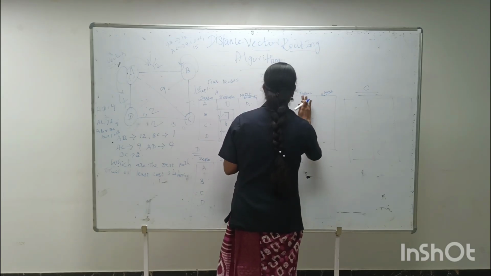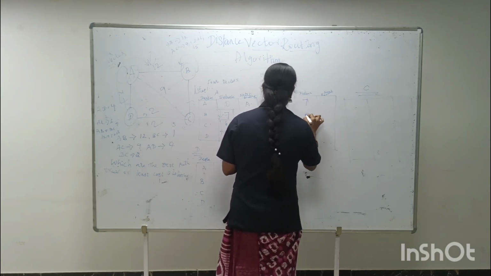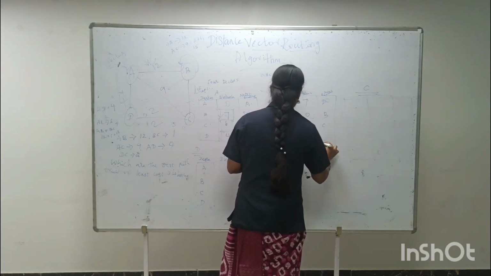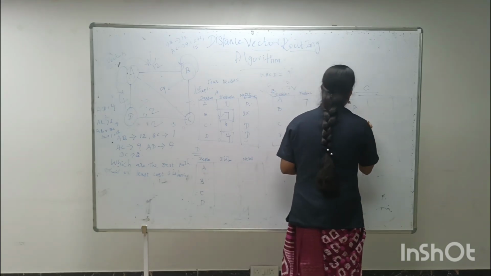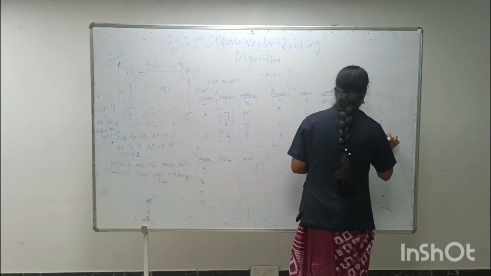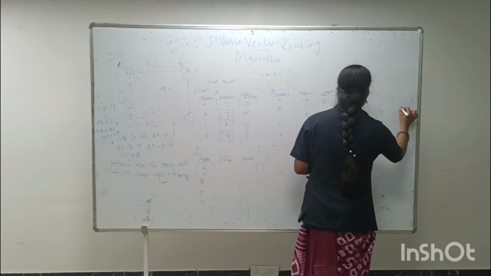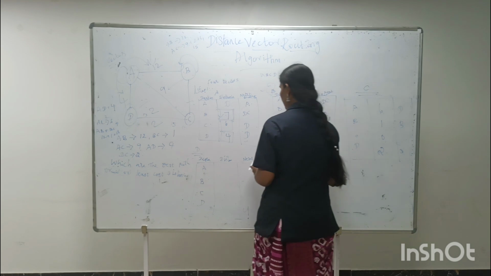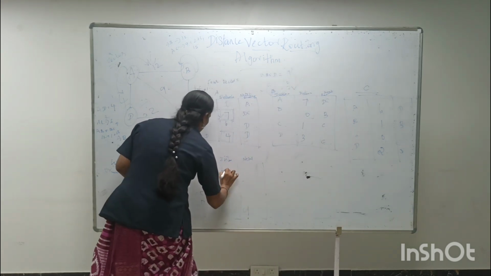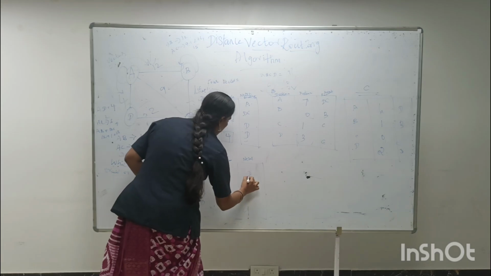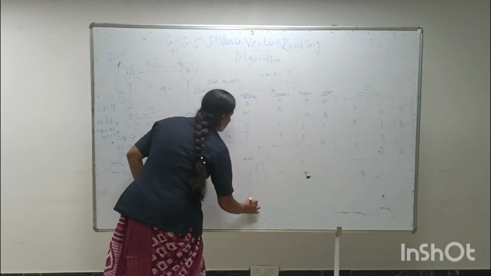Here we will get 7, 0, 1, 3, for D, C, B, C. Here A, B, C and D: 6, 1, 0, 2. And here we will get our values as 3, 2 and 0.